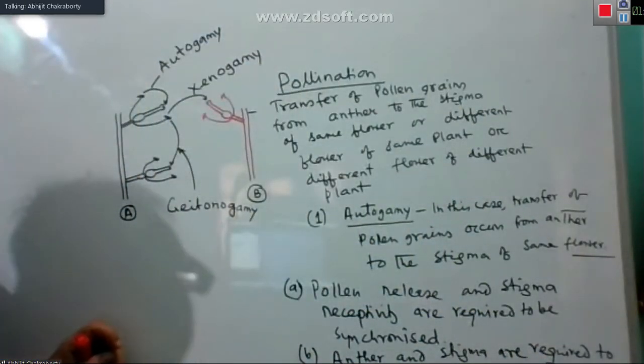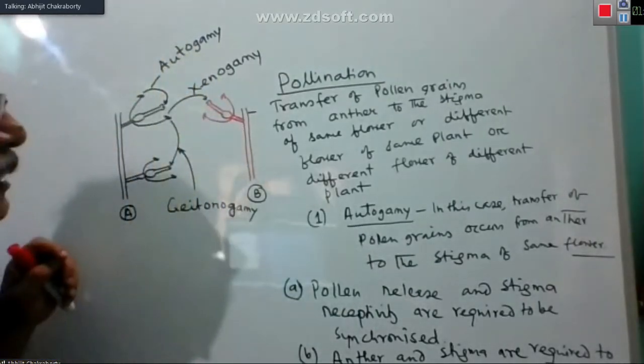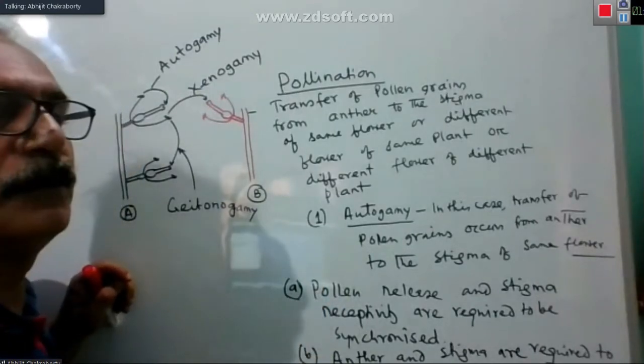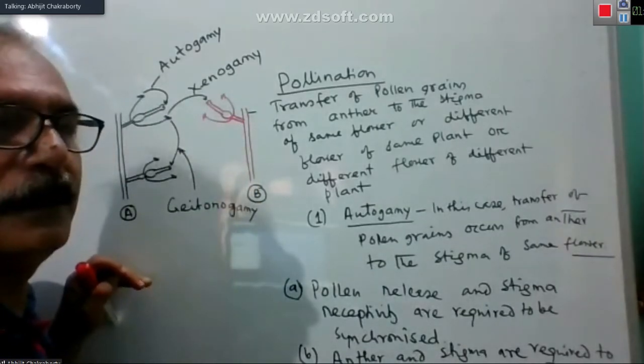So these are the two conditions which are required to be satisfied to facilitate autogamy.